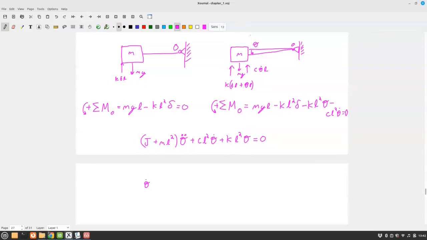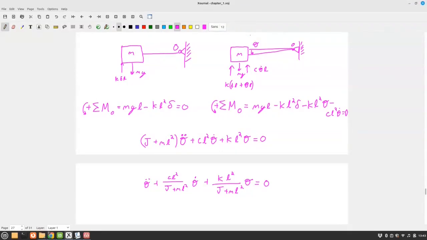And so now I've got theta double dot plus CL squared over J plus ML squared theta dot, plus KL squared over J plus ML squared theta is equal to 0.